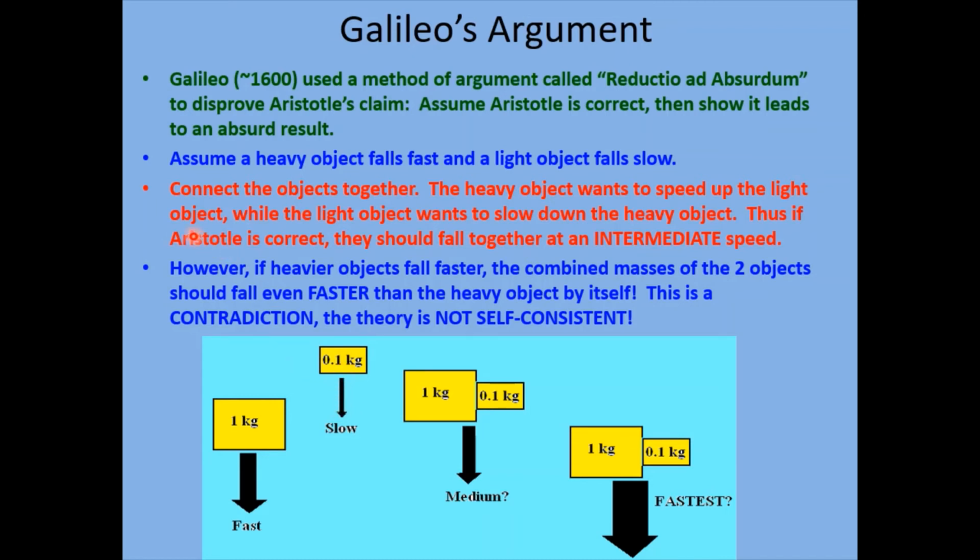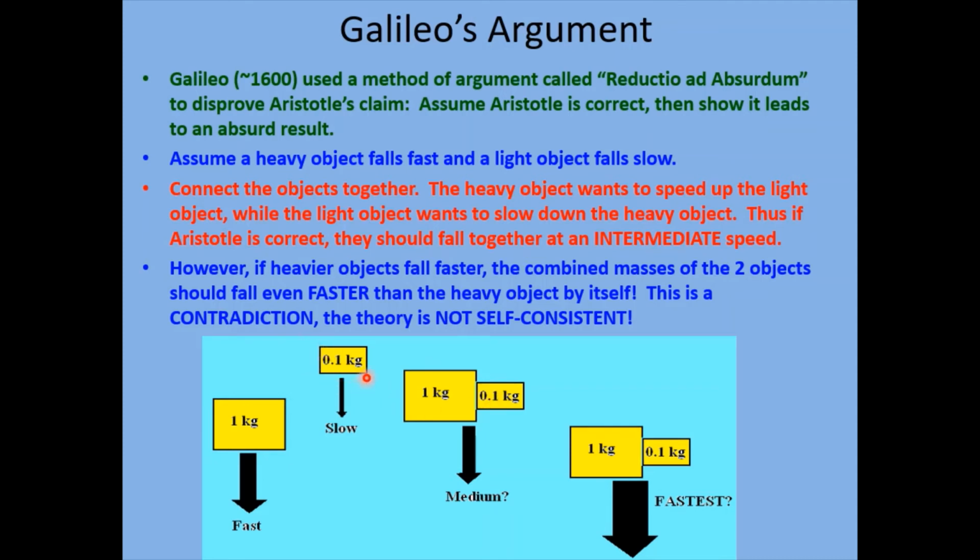So what Galileo said is, let's connect these two objects together. So somehow connect them like this. You can think of attaching them maybe with glue, or maybe just hooking them together with a real light string. But the idea is this: the heavy object, remember, it wants to fall fast. So it's going to try to speed up this light object, which is attached to it.